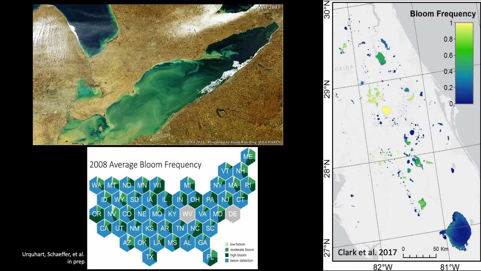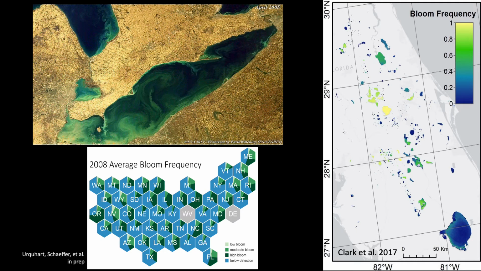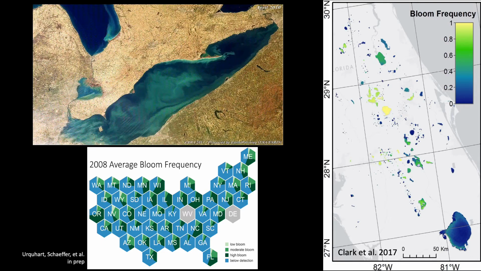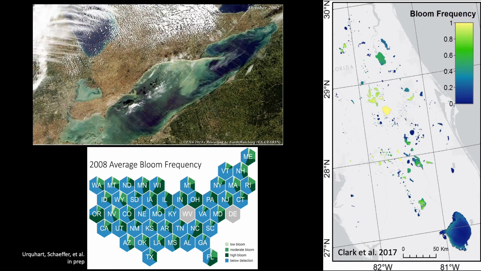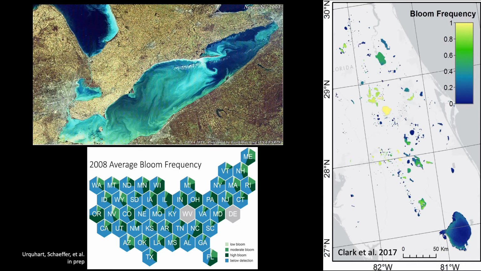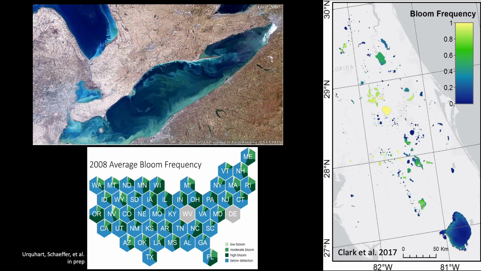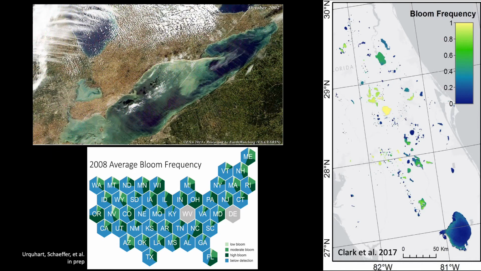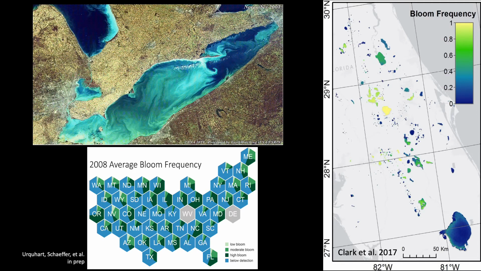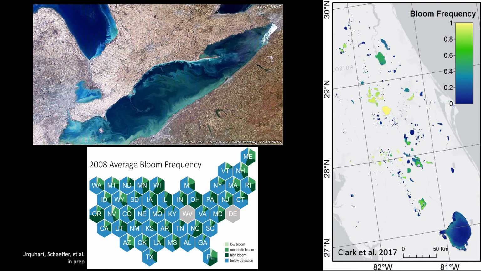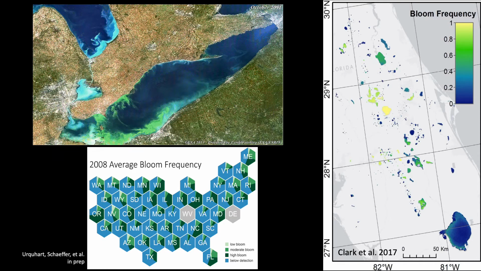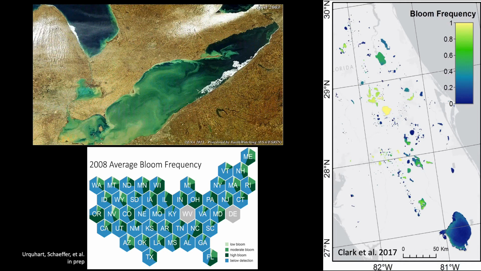An area of blue has a value of 0, indicating the area had no high-risk cyanobacteria blooms over the 4 years, while the yellow indicates that all observations from the satellite over 4 years were categorized as having a high-risk cyanobacteria bloom. It gives us and the water managers some insights into which areas have major cyanobacteria problems. That image on the right demonstrates a summary for individual lakes in a region.